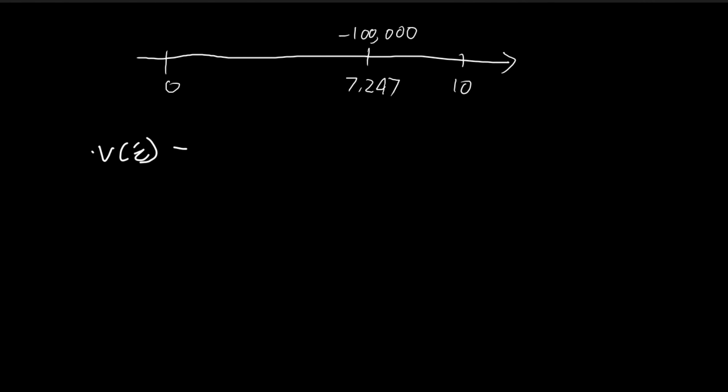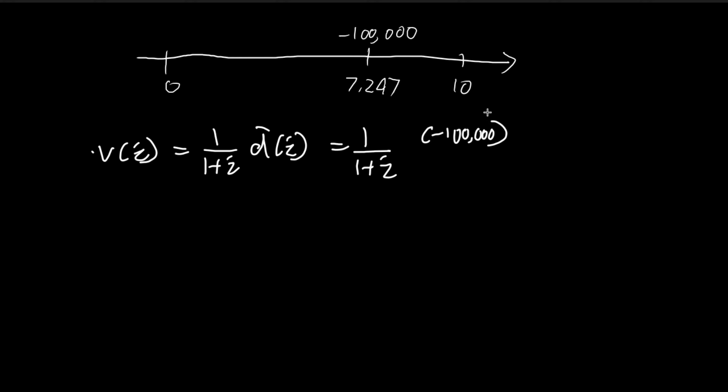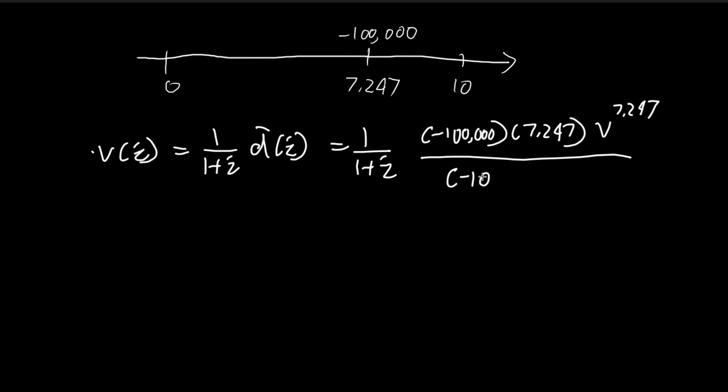To find the volatility, this is 1 over 1 plus i times the duration. And the duration is simple enough. You take the cash flow, multiply it by the time point, and then multiply by the discount factor. Then you divide this by the present value of this cash flow, which is equal to the amount of cash flow times the discount factor.